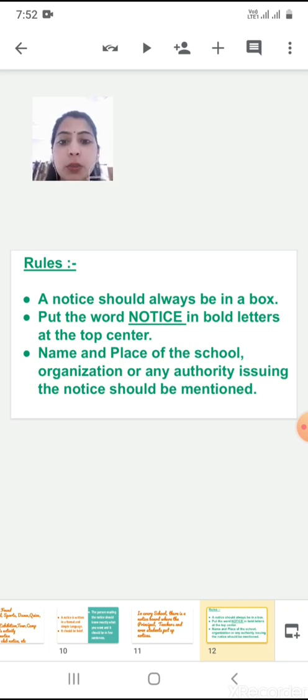Put the word notice in block letters at the top center, means we have to write notice in capital letters at the top center where we have drawn the box. Next, we have to write down the name and place of the school or the authority who is issuing the notice.